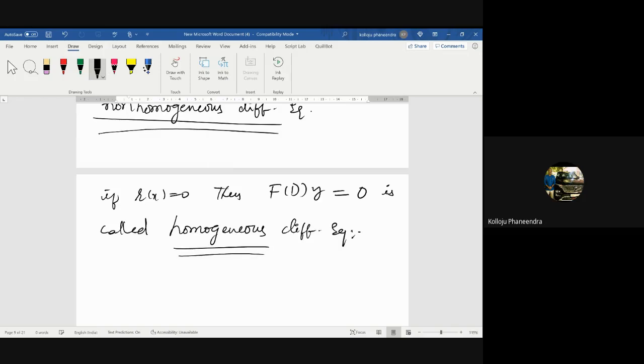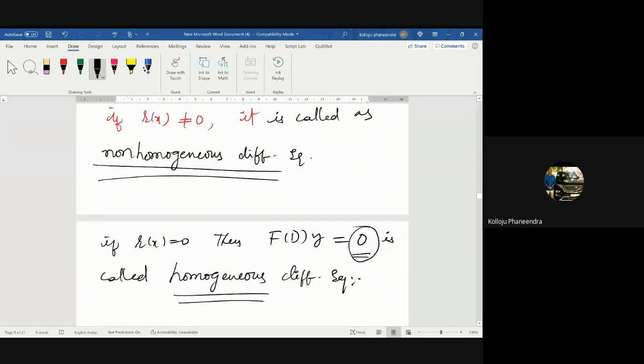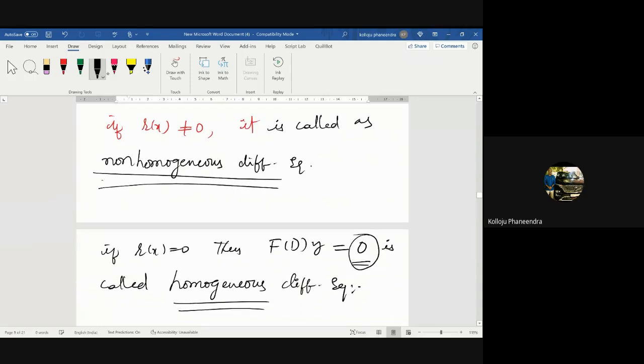In the differential equation, if the right side function is not 0, non-homogeneous differential equation. If the right side function is 0, it is called homogeneous differential equation. Sometimes non-homogeneous is also called inhomogeneous differential equation.